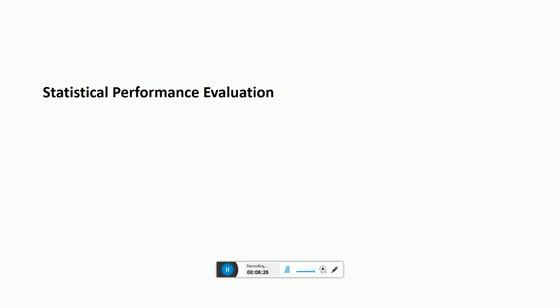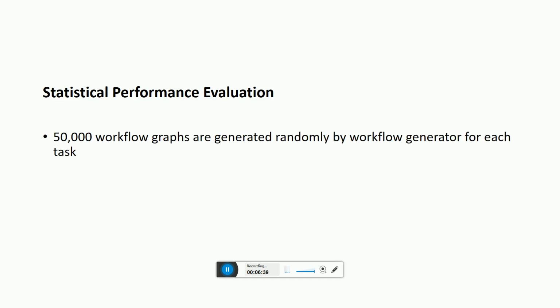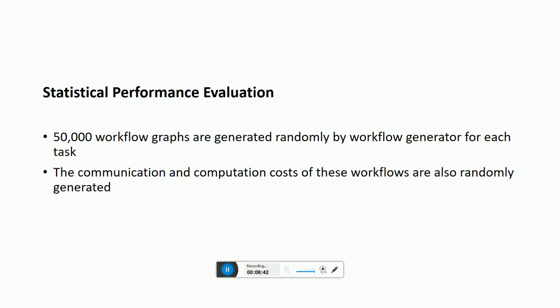To investigate the overall performance for compute-intensive workflows and data-intensive workflows, the workflow generator randomly generates 50,000 workflow graphs for each experiment. The communication and computation costs of these workflows are also randomly generated within a defined reasonable range.